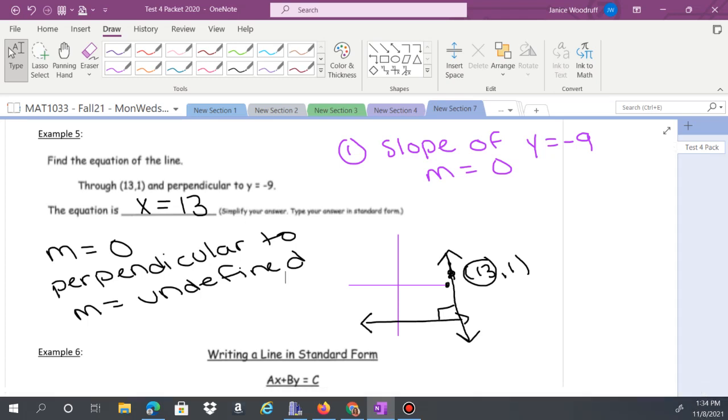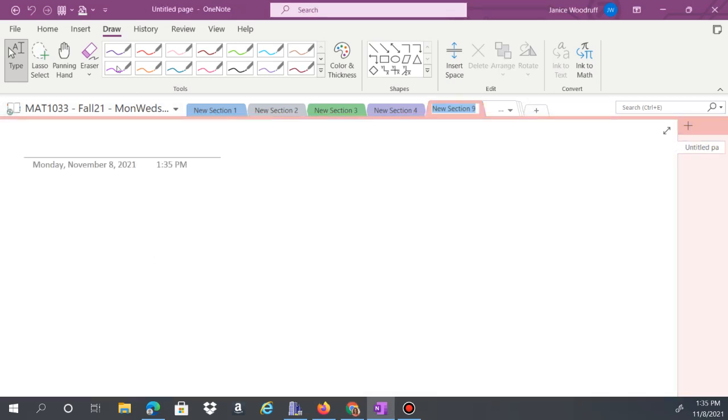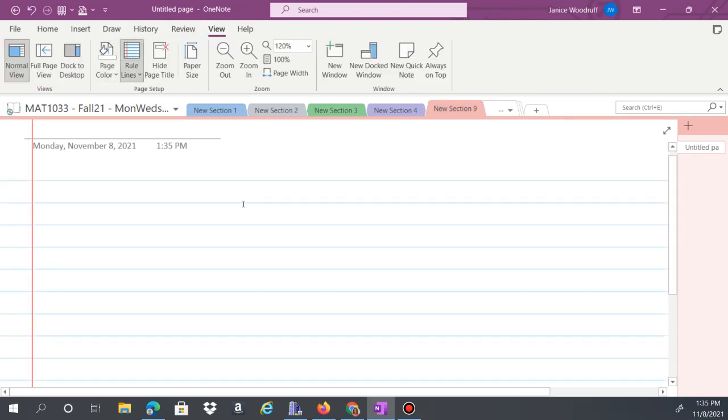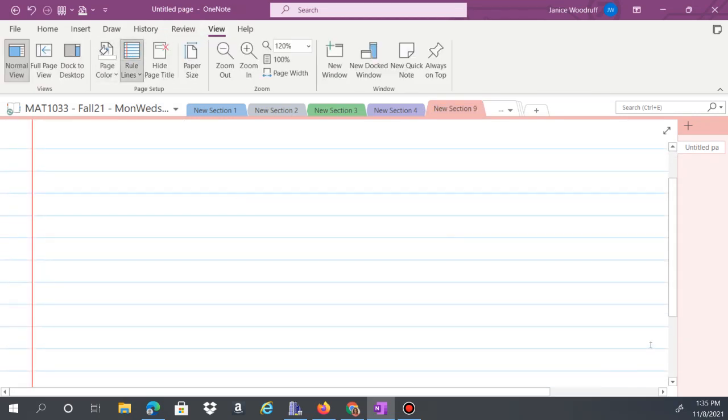Okay, before we do this last problem, let me give you some to try before we do standard form. I want to do a couple point slope for practice. Okay, so let's find the equation of a line.